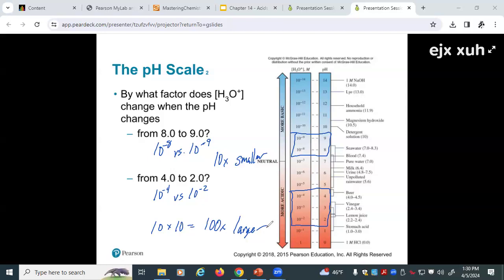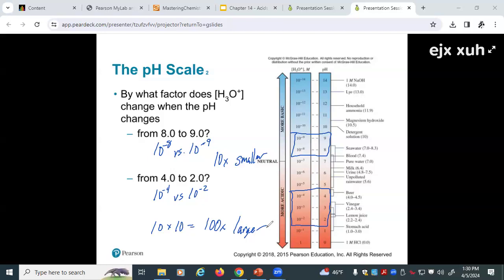Now, the reason I want to point this particular exercise out to you is because the pH scale is very easy to get confused on when it comes to what the scale means. Each tick up on the scale, either direction, represents a 10x change in concentration.